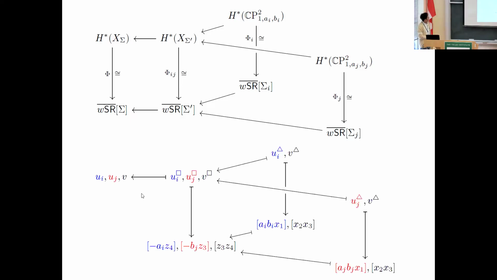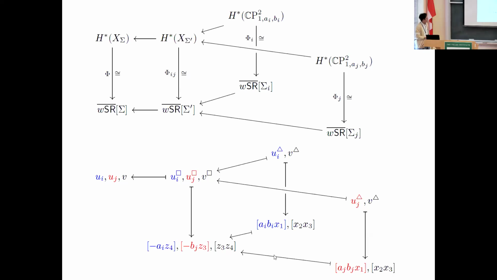In order to find the basis of my original toric variety, I can begin with this weighted projective space. It has a cellular basis u_i. To distinguish the basis of this one and this one, I put a triangle on one and a square on the other. The second Betti number is 2, so I have one degree 2 generator and one degree 4 generator, and the same for this one.